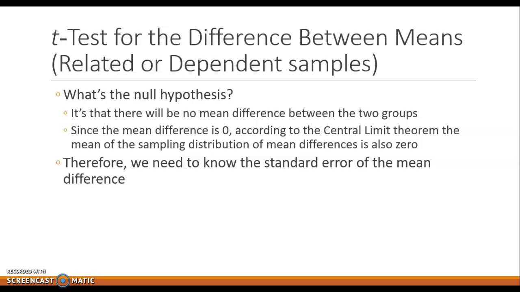Remember back when we were talking about doing the t-test before, we also had to use the standard error and not the standard deviation, because we didn't know what the standard deviation was.